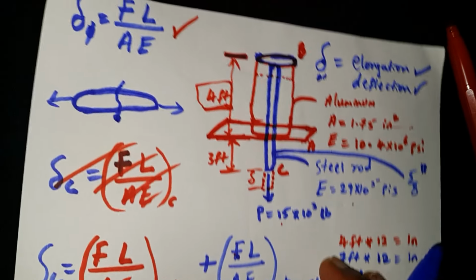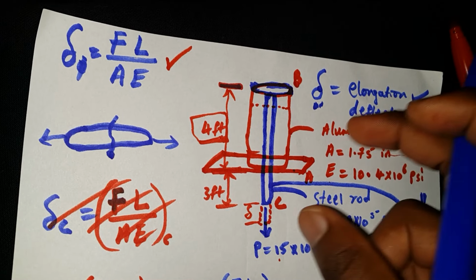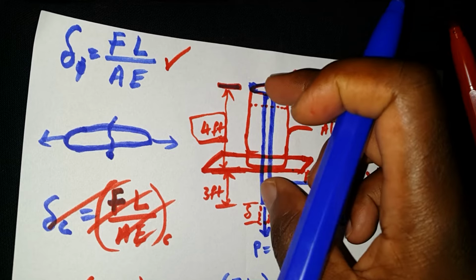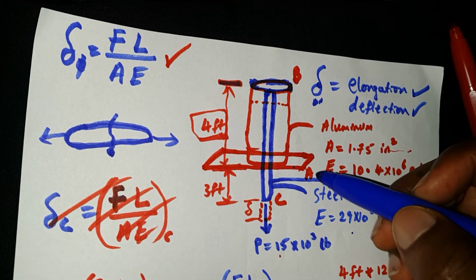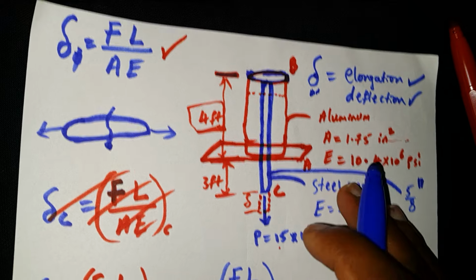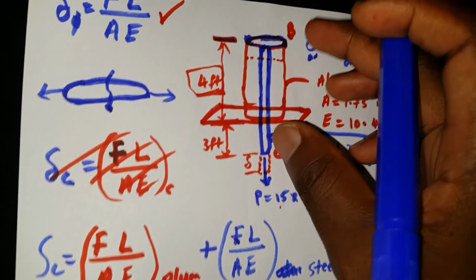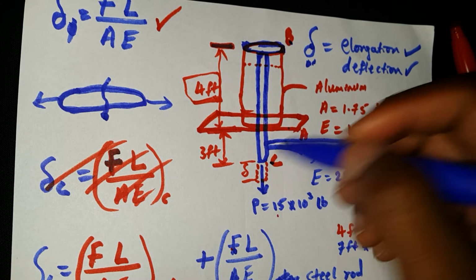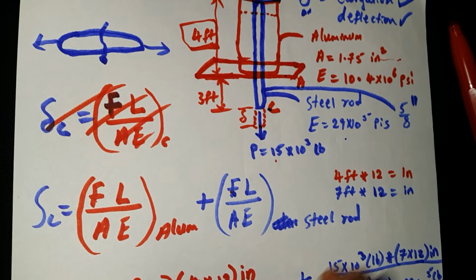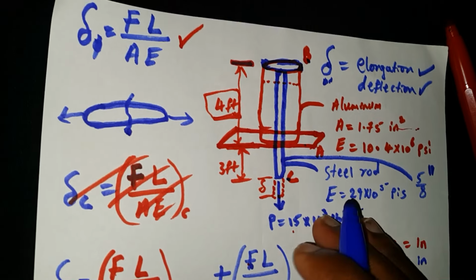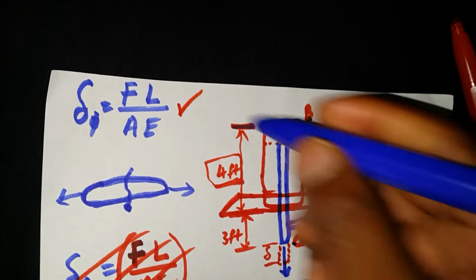The idea here, when you have two members working on the same distance, you just have to find it. Normally, we call this A, call this B, and we call this C. So since we have A here, B here, and C here, let me write it here.